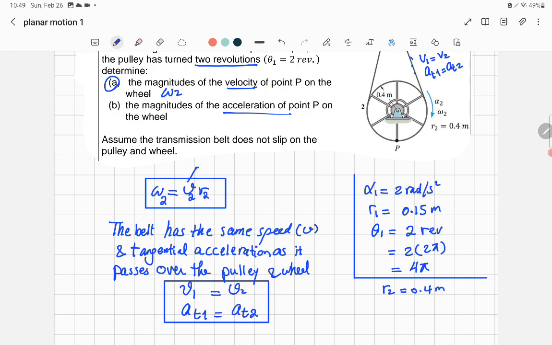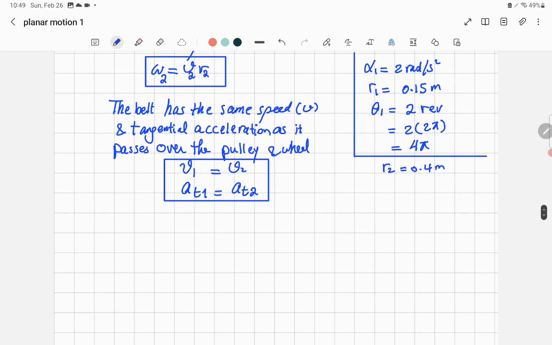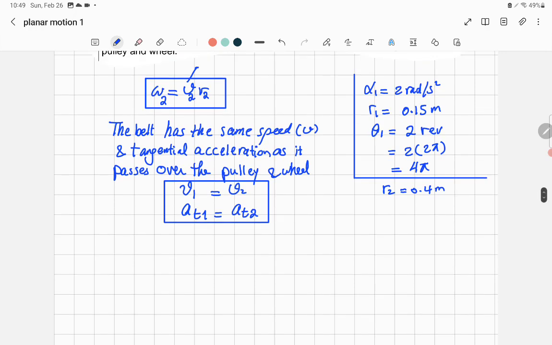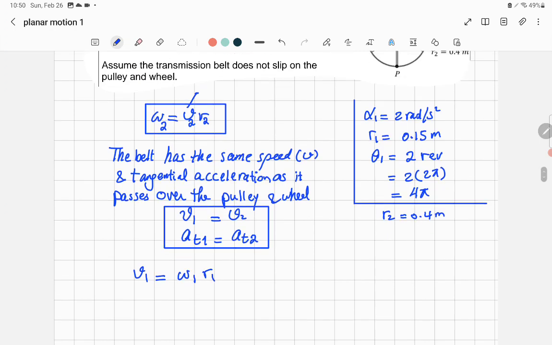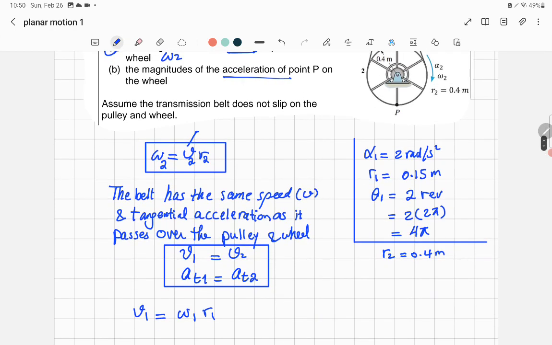All right. So let's now think about how to get the velocity at 1. That's another issue that we're supposed to think about. To find the velocity of 1, what's the relation between velocity and omega? It's equal to omega 1 R1. I don't have omega 1, but I have alpha 1.